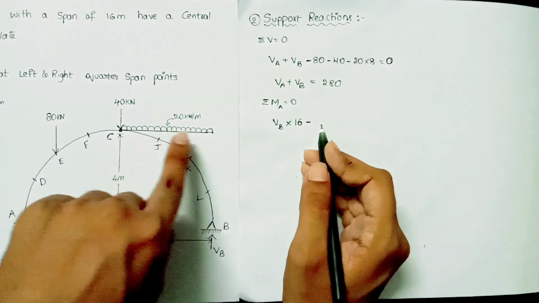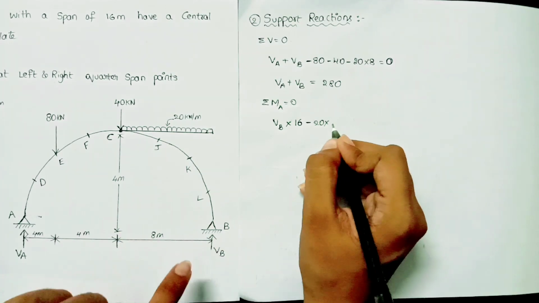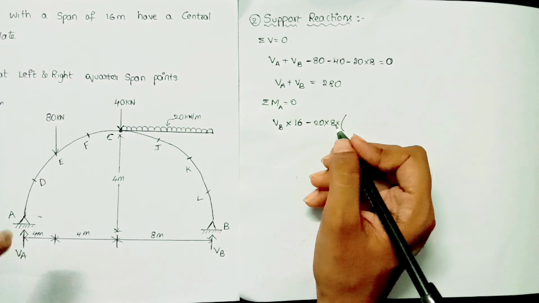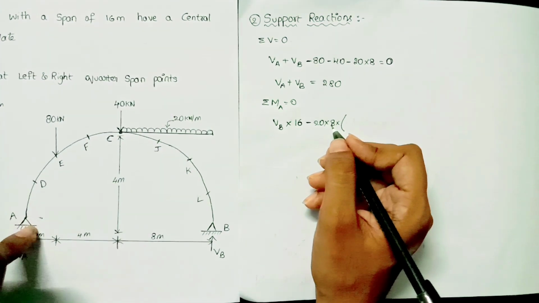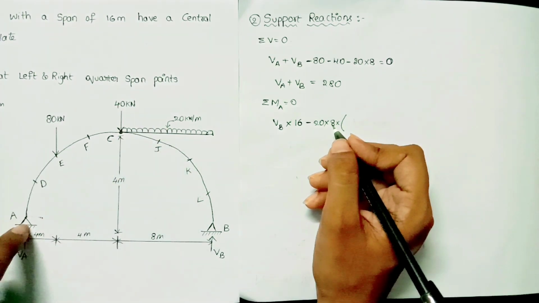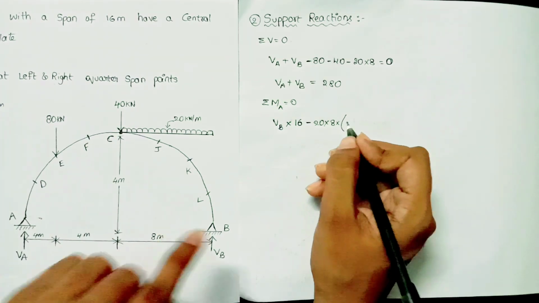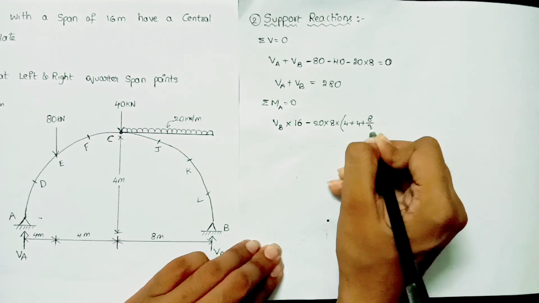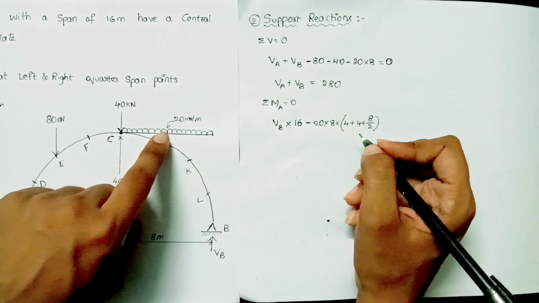Force is calculated as 20 into the total length it is acting, into the perpendicular distance from the point to the center of UDL. The point to the center of UDL will be 4 plus 8 by 2. So that I am writing here, 4 plus 8 by 2.